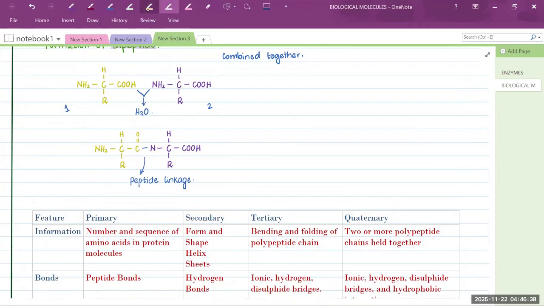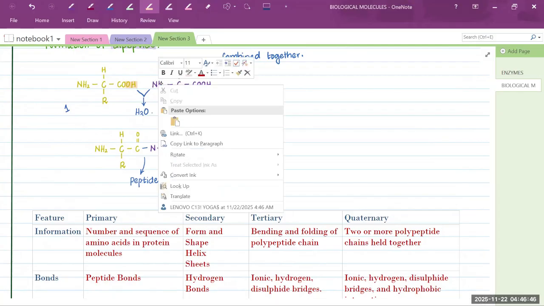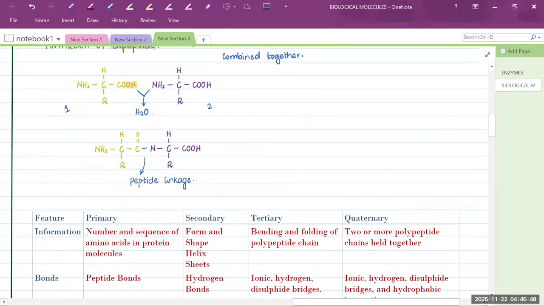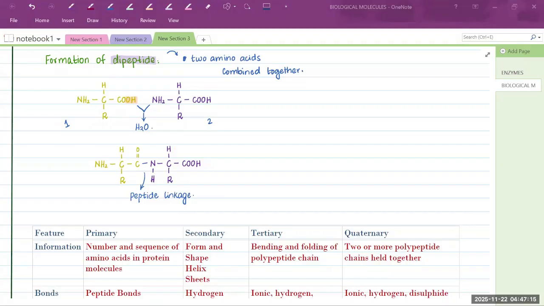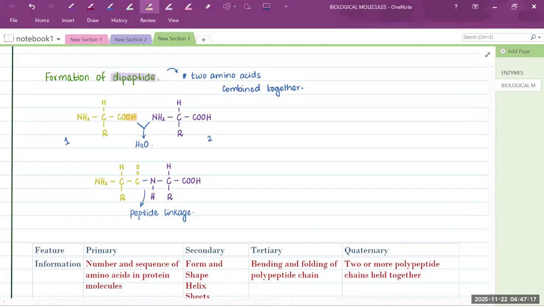So what happens is the OH from this carboxyl end and the H from the amino end are removed. As I was saying, the OH from this carboxyl end and just one H. I have not drawn it, let me draw two H's here. Wait.